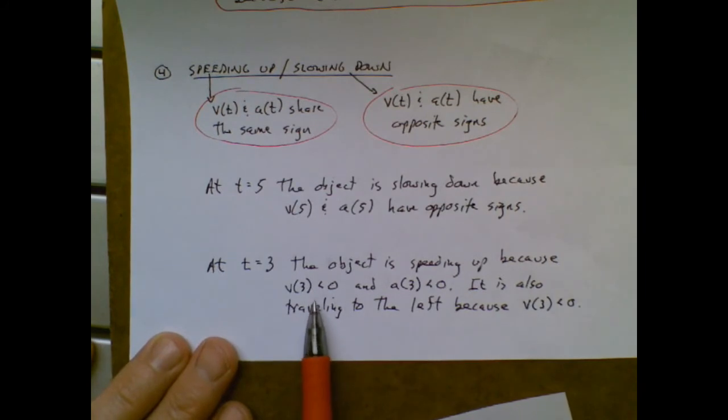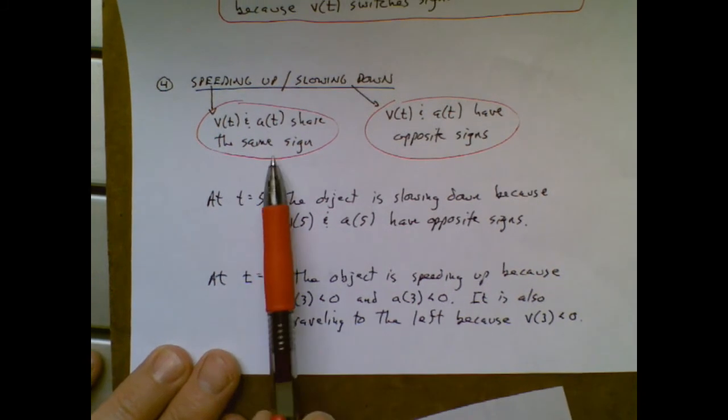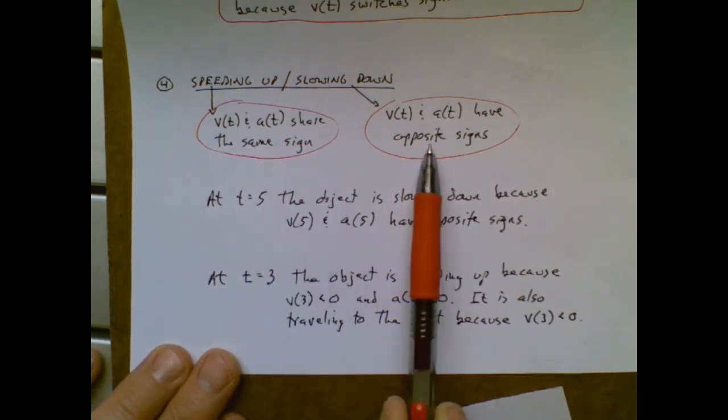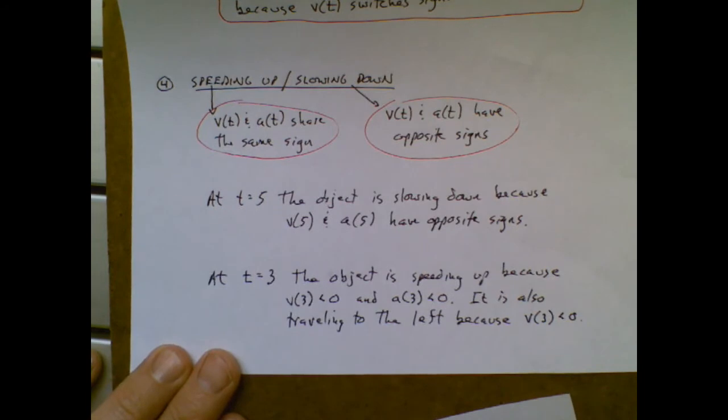I just wrote it a different way because velocity is negative and acceleration is negative. And just as a side note, I can also say it's traveling to the left because velocity is negative. Speeding up and slowing down is as straightforward as just comparing your signs of velocity and acceleration.